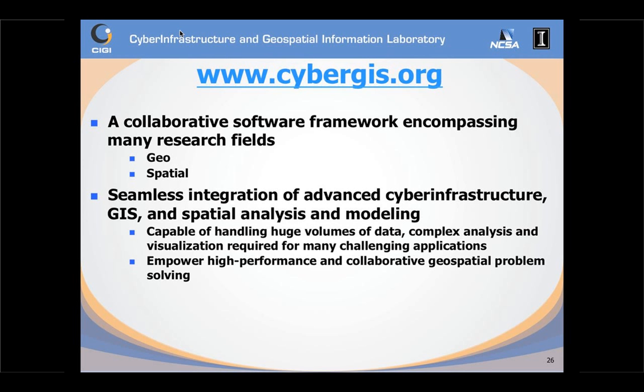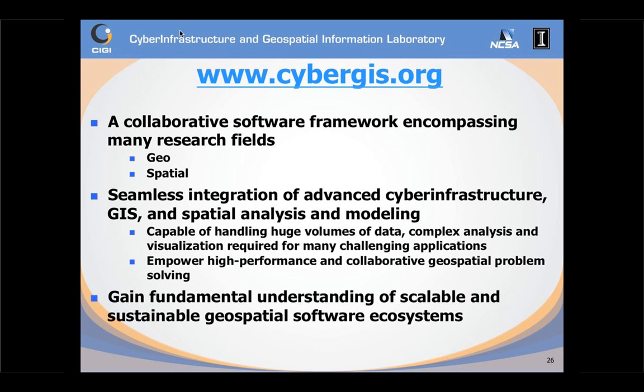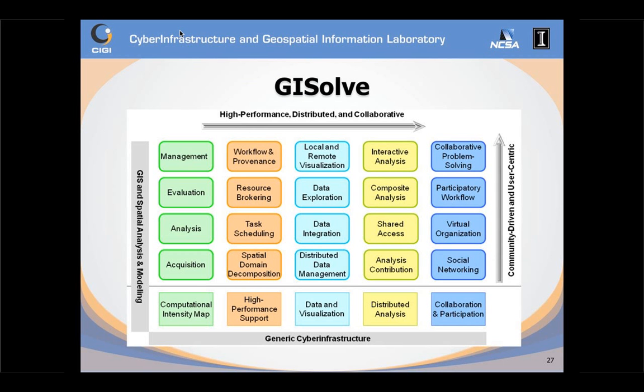But the gist of this collaborative framework is to treat geo and spatial characteristics in a special, careful manner, so that we could leverage such characteristics not only in algorithm design, system design, but also in workflow design. So it's a seamless integration. The 4 tiers I'm indexing my talk based on today, in fact, reflect this seamless integration that is going to help us scale to big data, complex analysis and visualization, and empower high-performance collaborative geospatial problem solving.